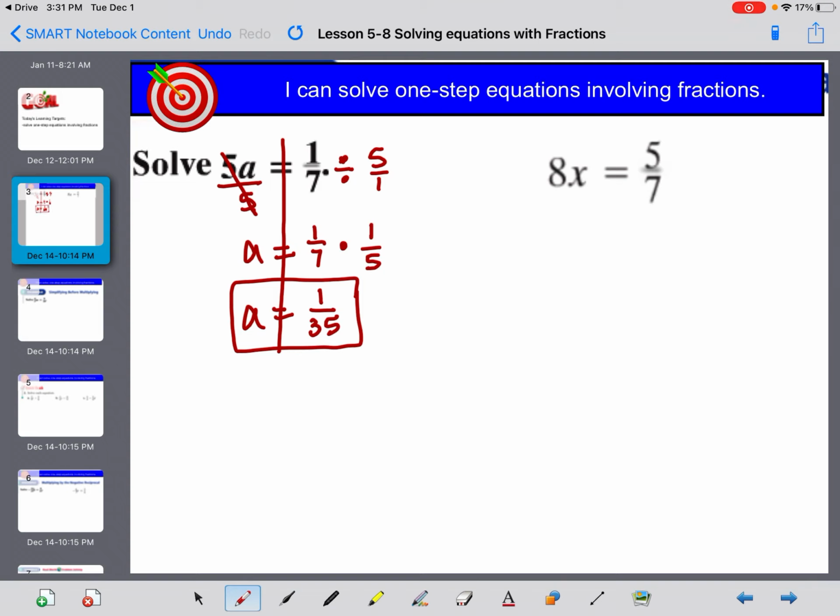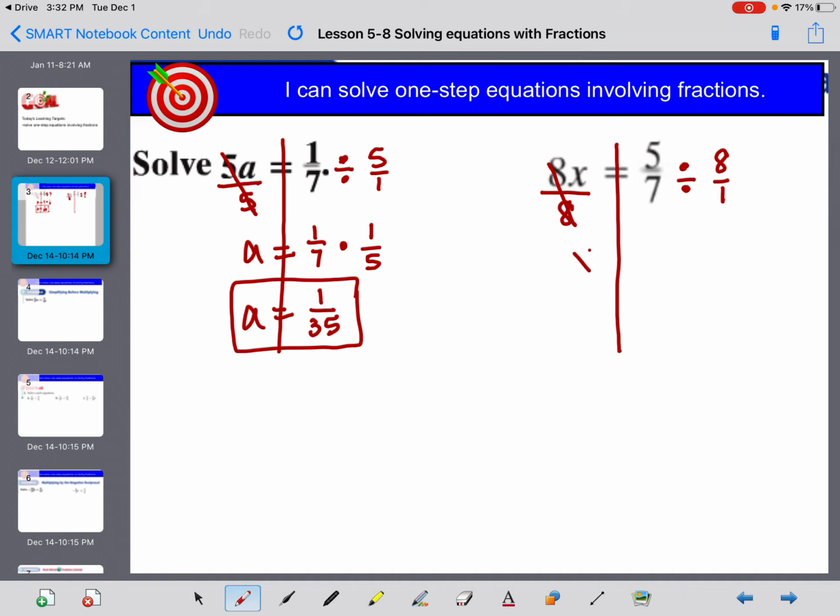Okay, let's show you another one, in case that blew you out of the water. Here we go. We're going to start by drawing a line down the equal sign. I see that x is being multiplied by 8, so I divide both sides by 8. When I divide by 8, 8 as a fraction is the same as 8 over 1.